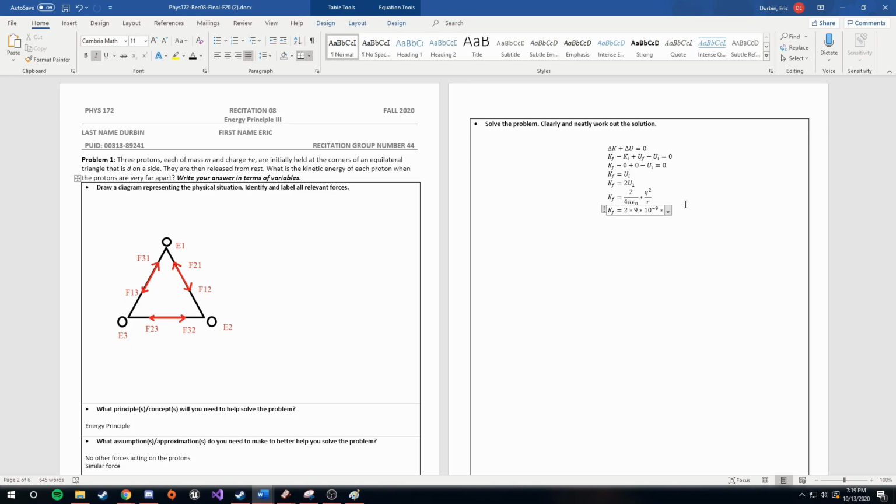I just wrote it as K. K for kinetic energy? K is just the constant. That's a little confusing. Yeah. This is way back in the notes.